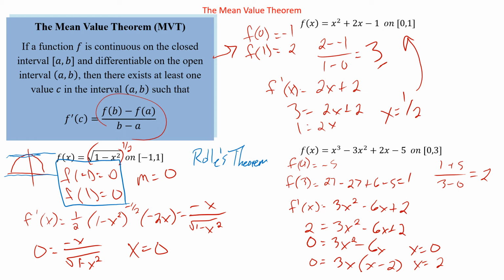Now, the mean value theorem doesn't always say one place, but I'm using this example specifically because the mean value theorem says that there exists at least one value c in the interval AB, this open interval. So it's from 0 to 3.